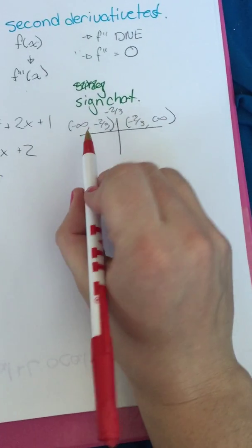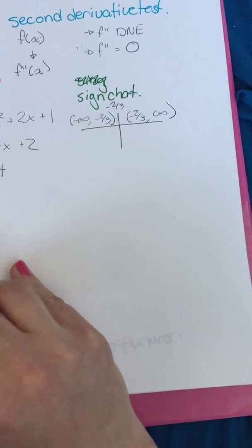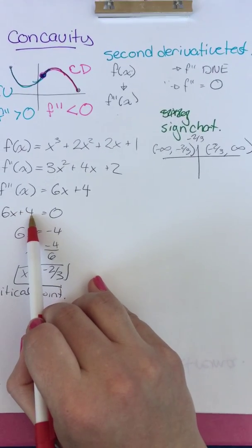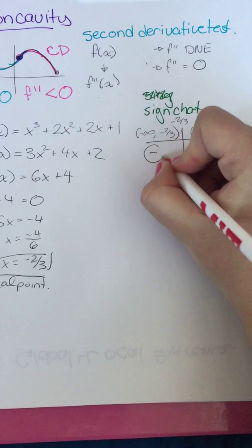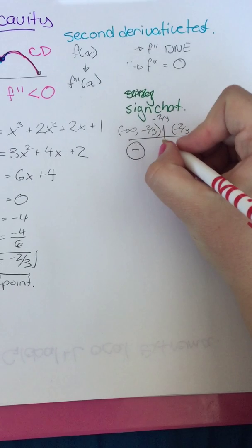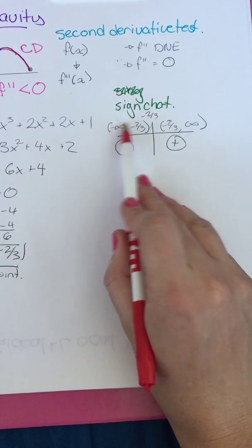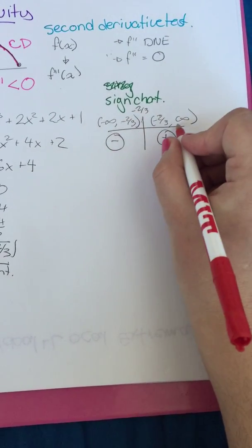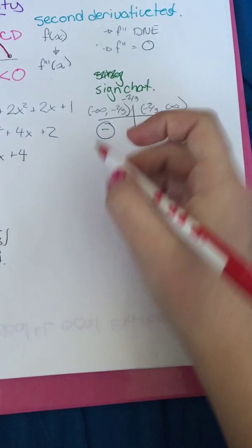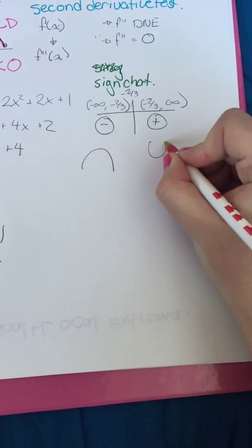We pick random points. Here I'm going to pick negative 1, and I'm going to plug that into this function. Negative 6 plus 4 gives me negative 2, so that's negative. Here I'm going to pick 0, that's going to give me positive 4, so this is a positive number. So I know that from here to here it's concave down, and from here to here it's concave up. Concave down is like this, and concave up is like this.